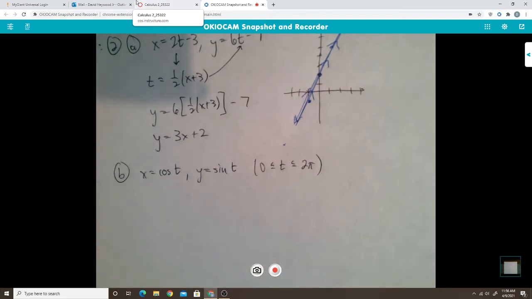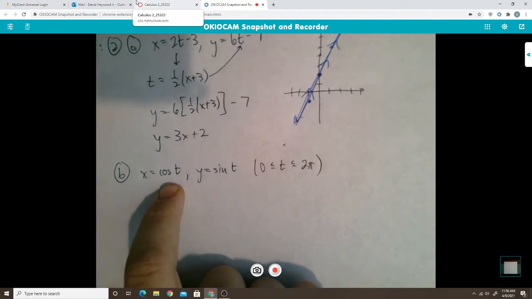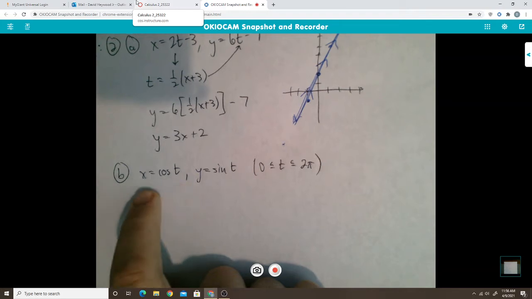Okay, now this one's a little trickier because, well, if we tried to solve this equation for t, let's say, we could say t equals cosine inverse of x, but that's not quite right. That's only one solution. This should have infinitely many solutions.